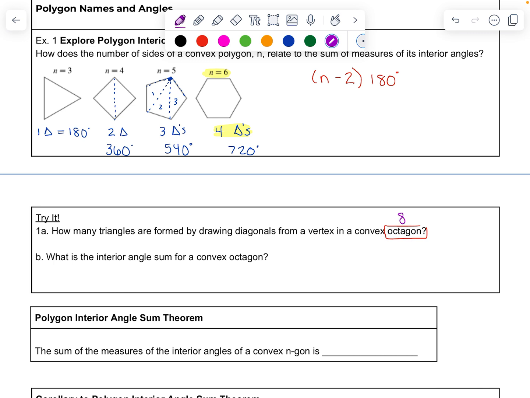It's always 2 less, so that gives me 6 triangles. What is the interior angle sum of that shape? We would take 6 triangles times 180 degrees, and that would give us our answer. So 6 times 180 is 1080.